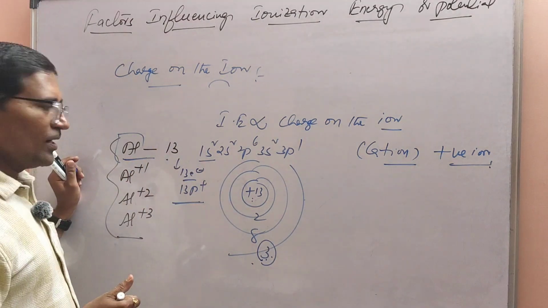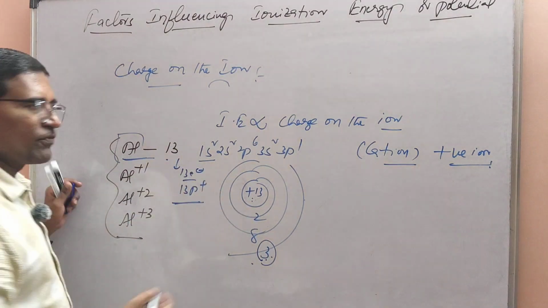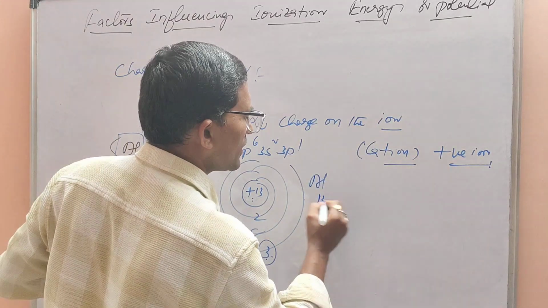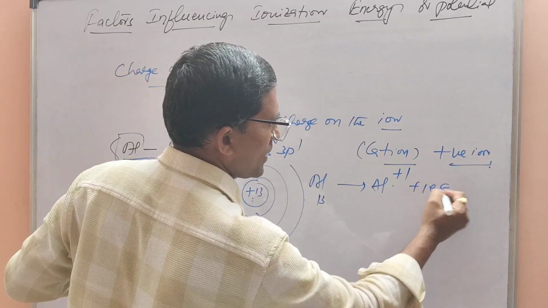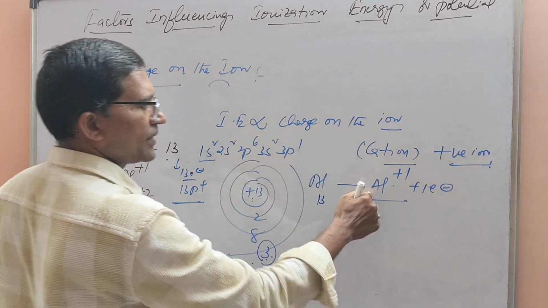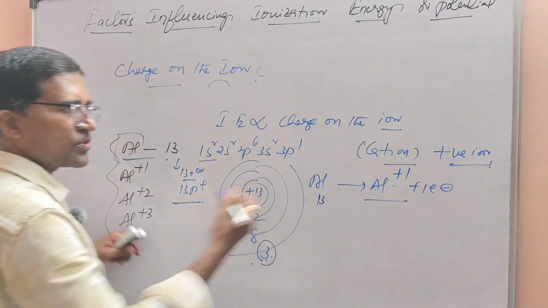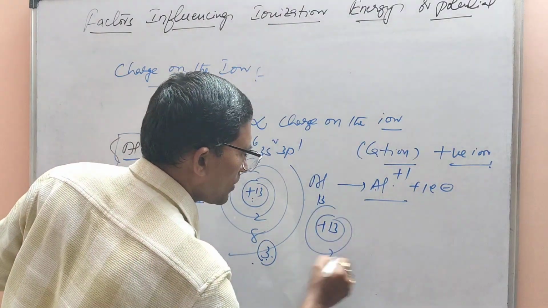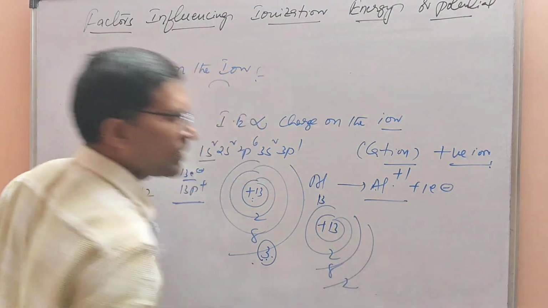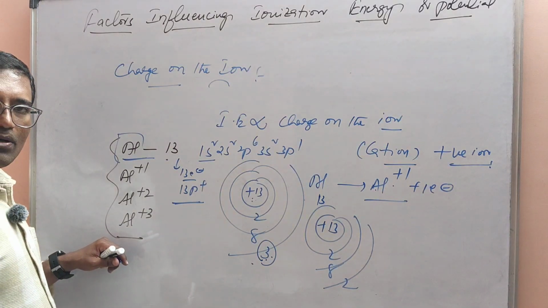Now if I remove one electron from aluminium, it will become Al plus 1. So aluminium is converted into an ion, a cation with a positive charge. The nucleus has plus 13, outside the nucleus 2, 8, and only 2 electrons in the last shell now.